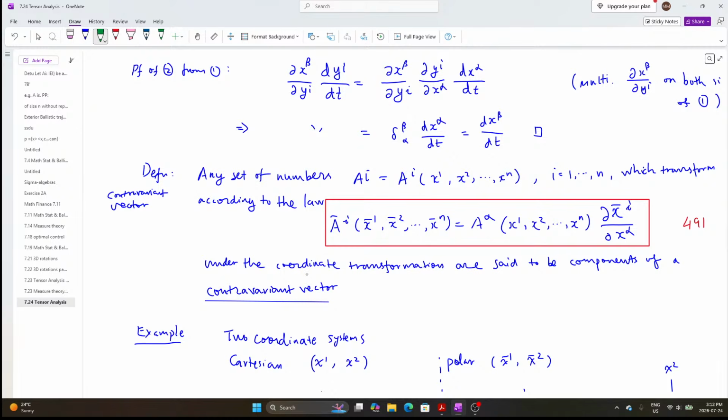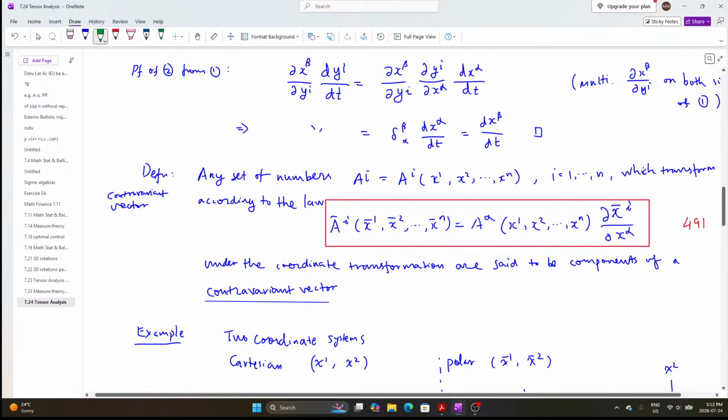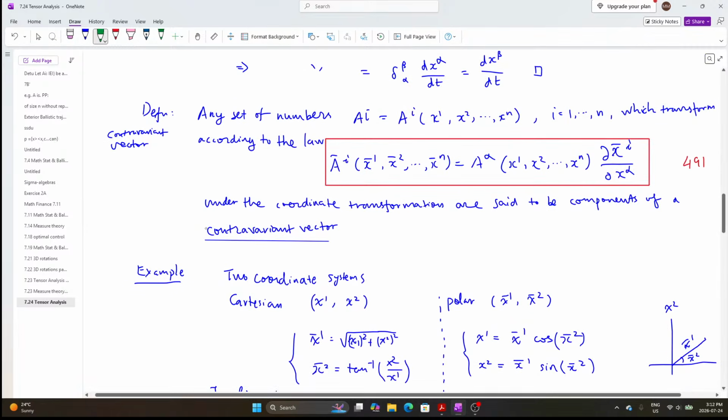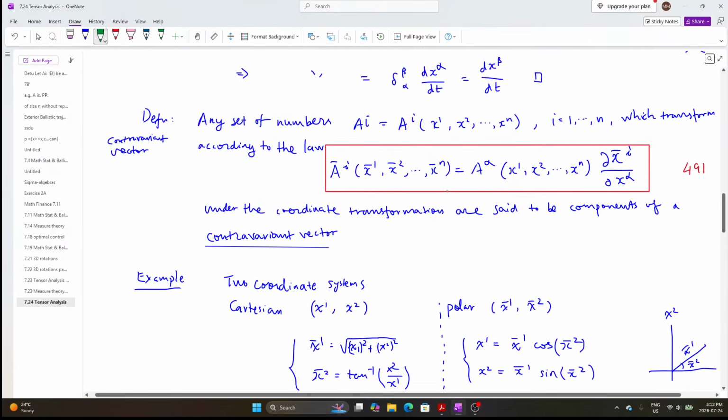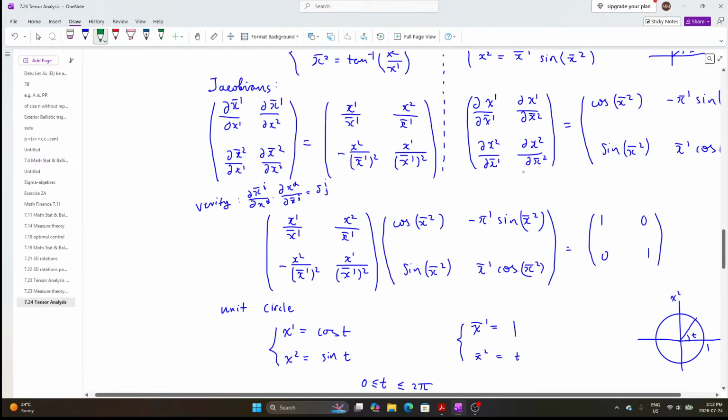For a gradient, you don't use the forward Jacobian; instead, you use the inverse Jacobian. So that's another class, perhaps a counterexample. Not all 1D arrays transform this way. That's the second class.